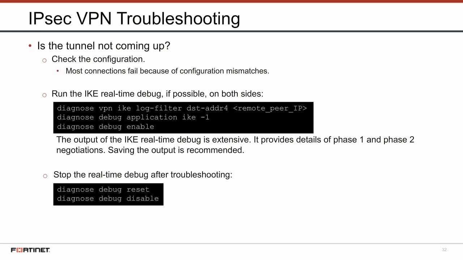Try to open the tunnel while the debug is running and capture all the output. 4. After you have captured the output, stop the debug using the following commands: diagnose debug reset, diagnose debug disable. Keeping a real-time debug running in the background of a FortiGate for a long time is not recommended.